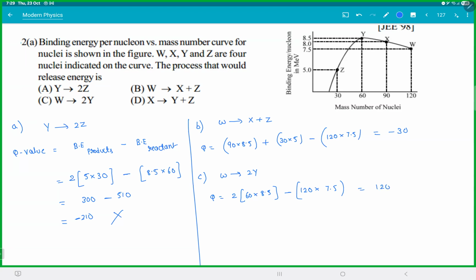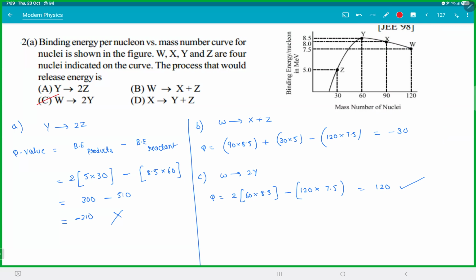This is around 120. D will be, you can calculate D also. Then that is how you get the answer. Clear with this? Yeah, last one is minus 60, it seems.